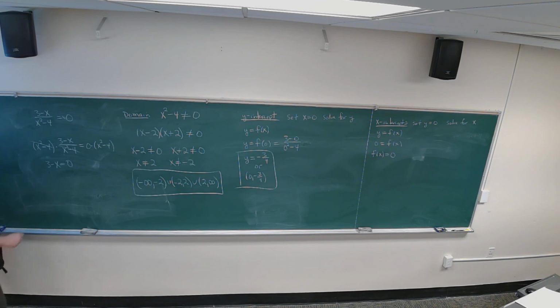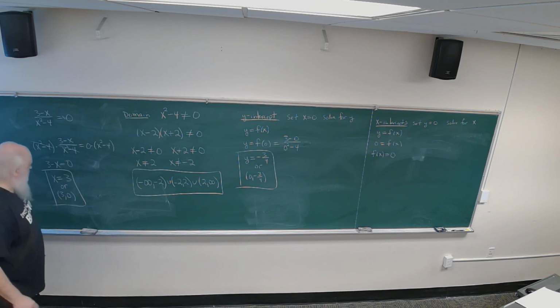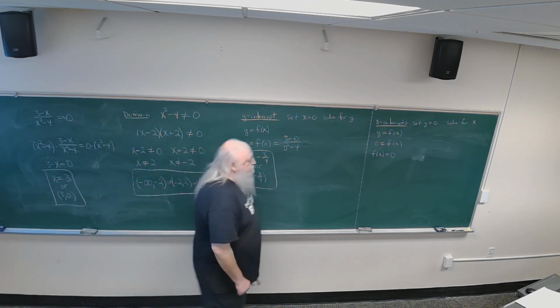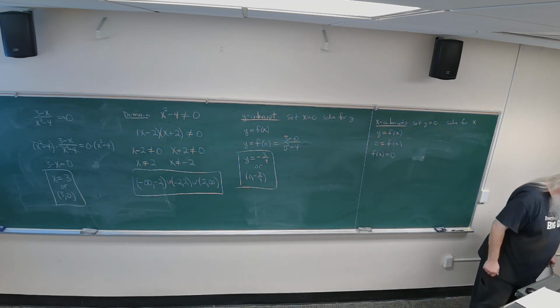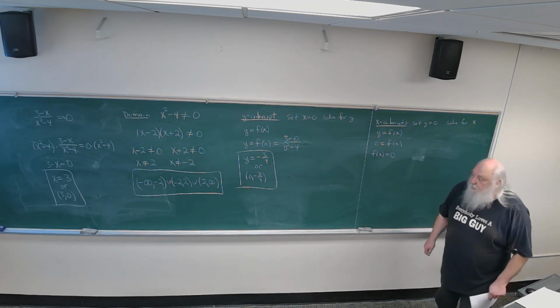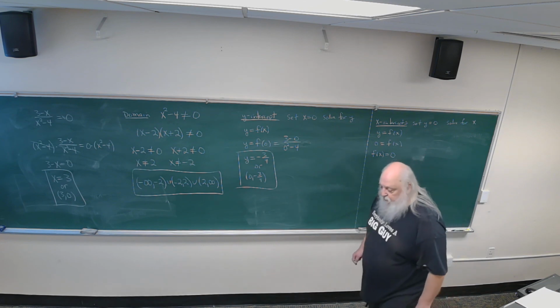And when you solve for x, you get x is equal to 3, or the point 3, 0. So the graph of this rational function has one x-intercept. It's at x equals 3, or the point 3, 0.